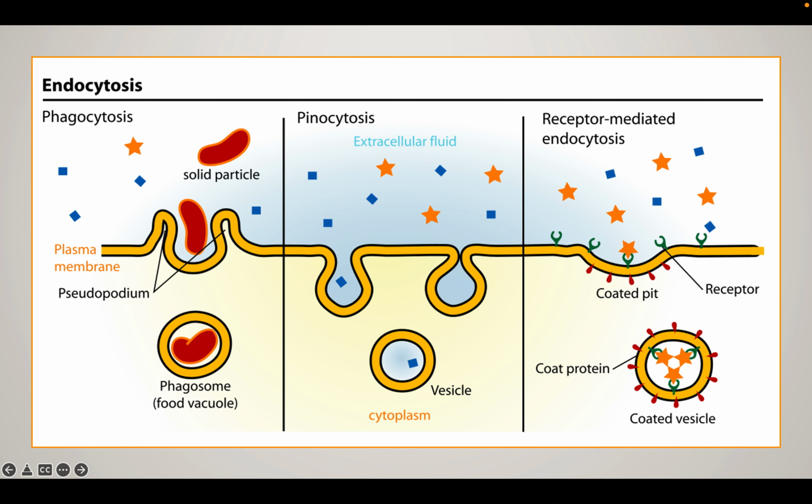So here you can see some examples of endocytosis. Phagocytosis, you're bringing in something, so maybe this is a bacteria, maybe this is something else that gets packaged and brought into this vesicle. This is now called a phagosome. This phagosome can then fuse with something called a lysosome, and we'll look at lysosomes that contain digestive enzymes.